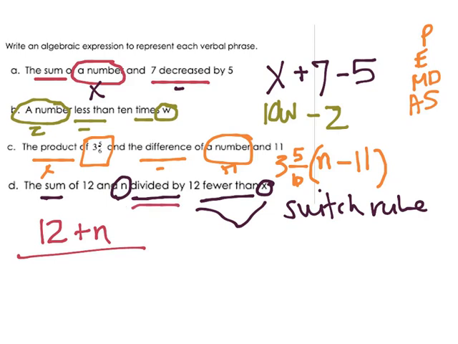Okay, so then divided by 12 fewer than x. So the switch rule tells me that those terms are going to switch order. So it's really going to be x minus 12 because this shows 12 fewer than x. And that is my final answer for that algebraic expression.